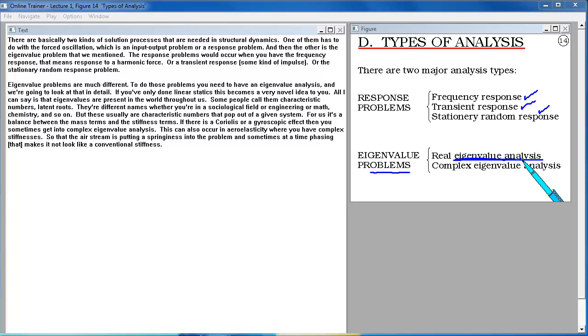For us, it's a balance between the mass terms and the stiffness terms. If there is a Coriolis or a gyroscopic effect, then you sometimes get into complex eigenvalue analysis. This can also occur in aeroelasticity, where you have complex stiffnesses, so that the airstream is putting a springiness into the problem, and sometimes at a time phasing that makes it not look like a conventional stiffness.